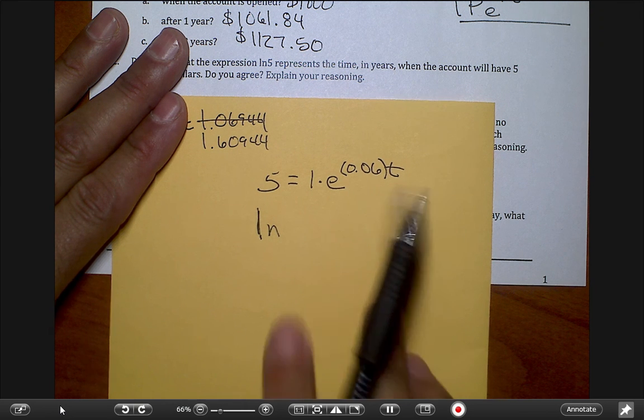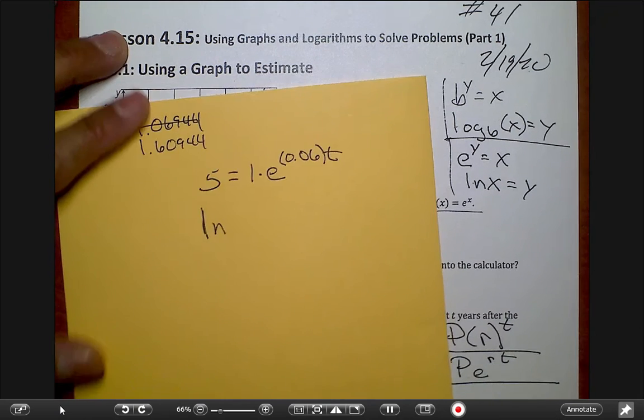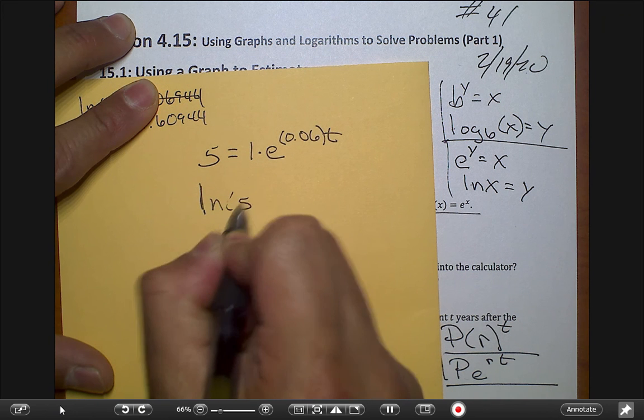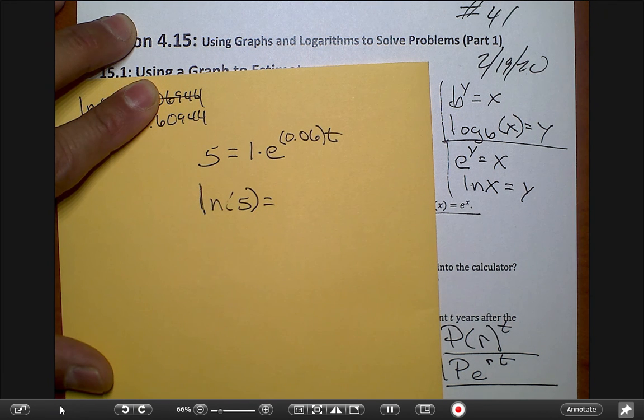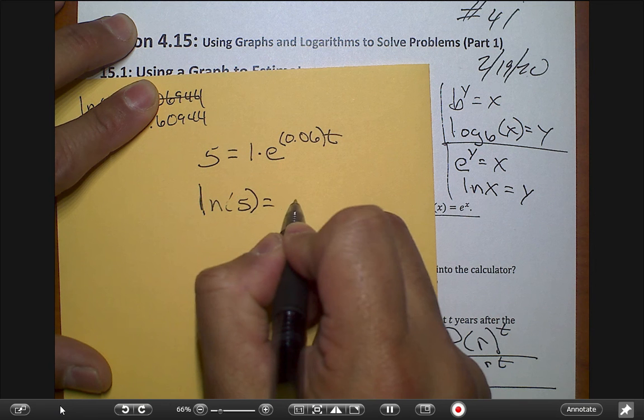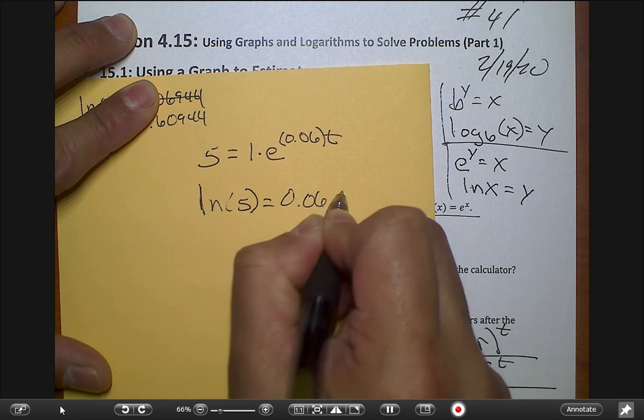Remember, we're taking this, which is over here, right? So I'm lning, right? So ln of 5 is going to be equal to 0.06 t, right?